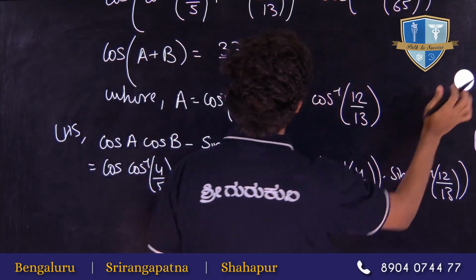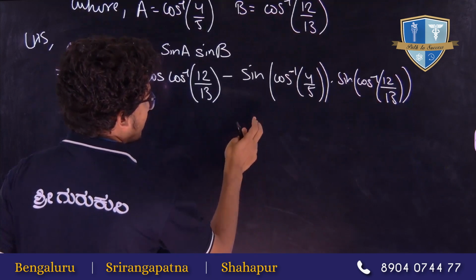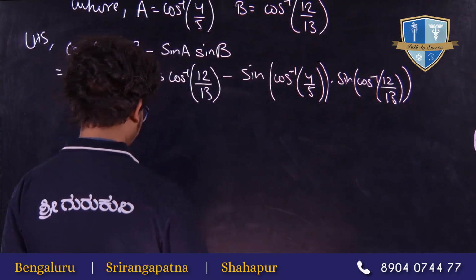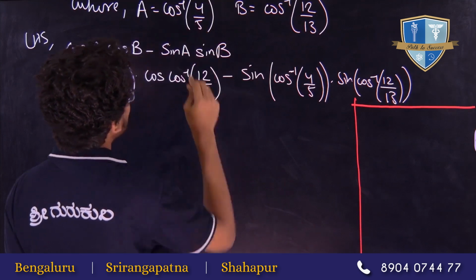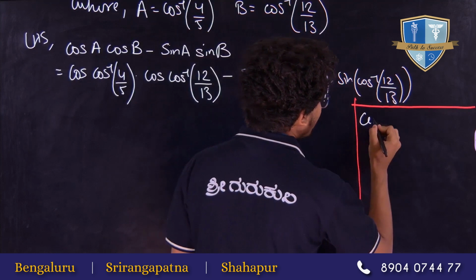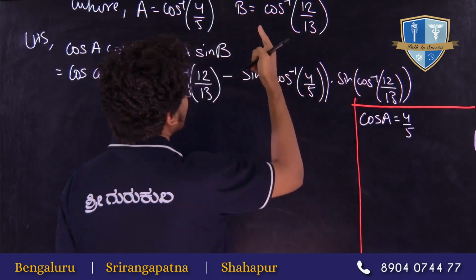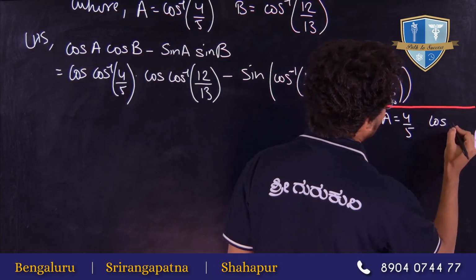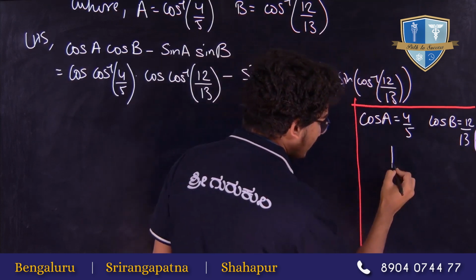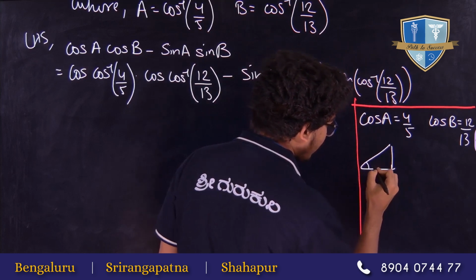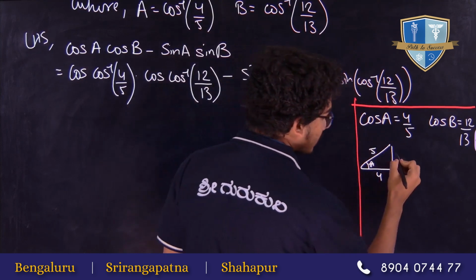How? Let's see how you will solve. If A is equal to cos inverse of 4 by 5, it means cos A is equal to 4 by 5, correct? And similarly cos B is equal to 12 by 13, correct? So let's make a triangle where this is A, this is 4, this is 5. Using Pythagoras theorem, this will become 3.